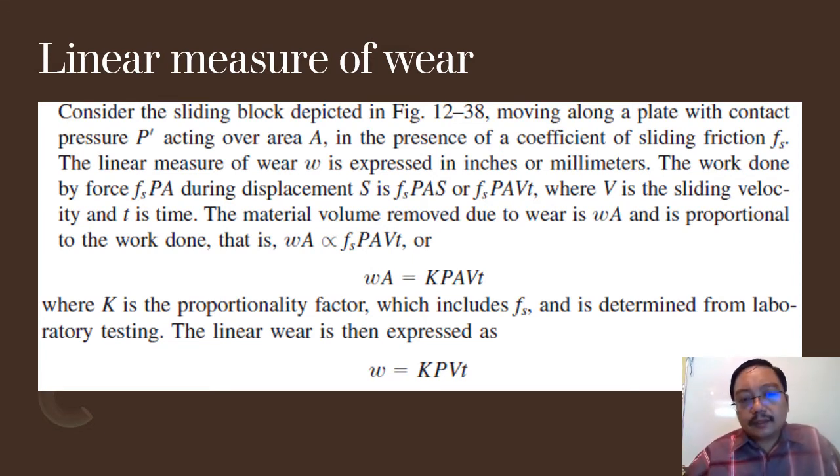Now I want to highlight this symbol W. In this book and many other books, this symbol is used for radial velocity. Many in the literature, in this book and also in other books, use the symbol W as radial velocity.